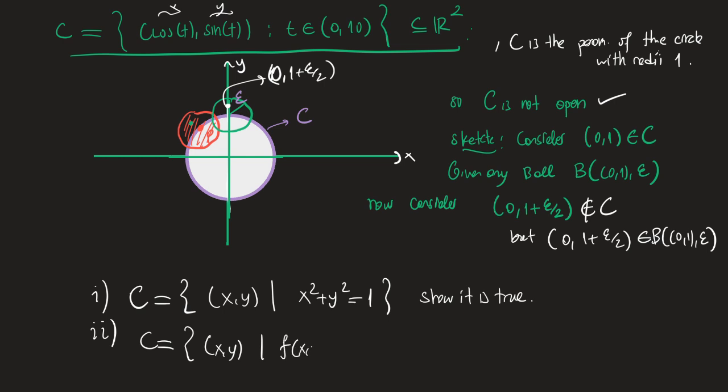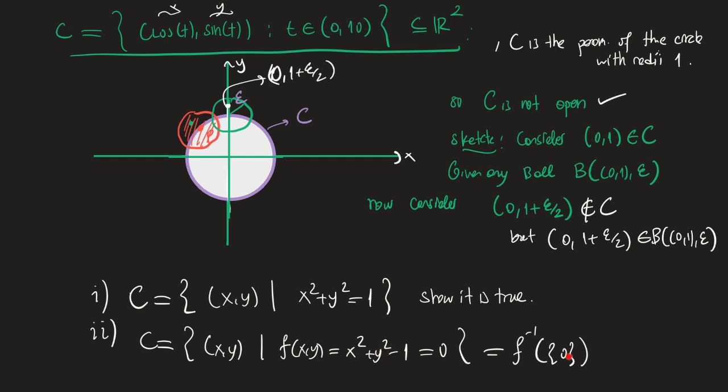f(x, y) equals x square plus y square minus 1 being 0. So it is just the inverse image of the closed point 0, where f is, of course, already defined here. So you can show that f is a continuous function, right? It is just a polynomial, so it is continuous.